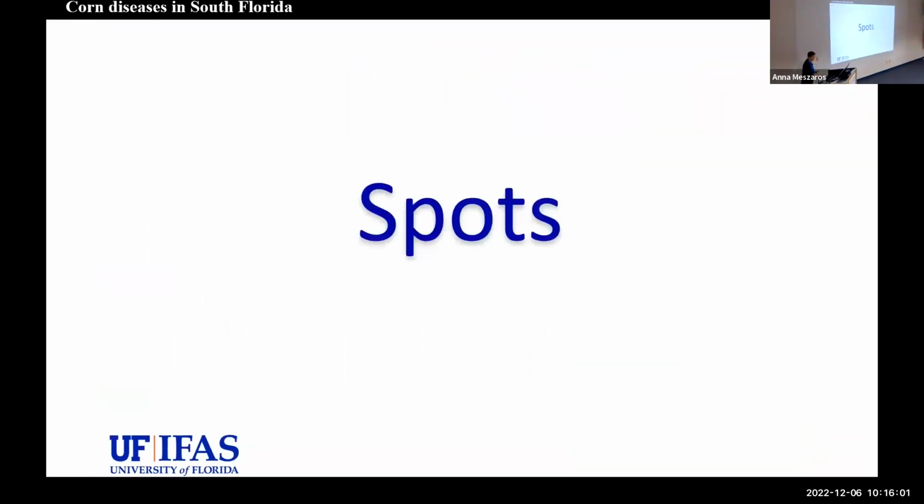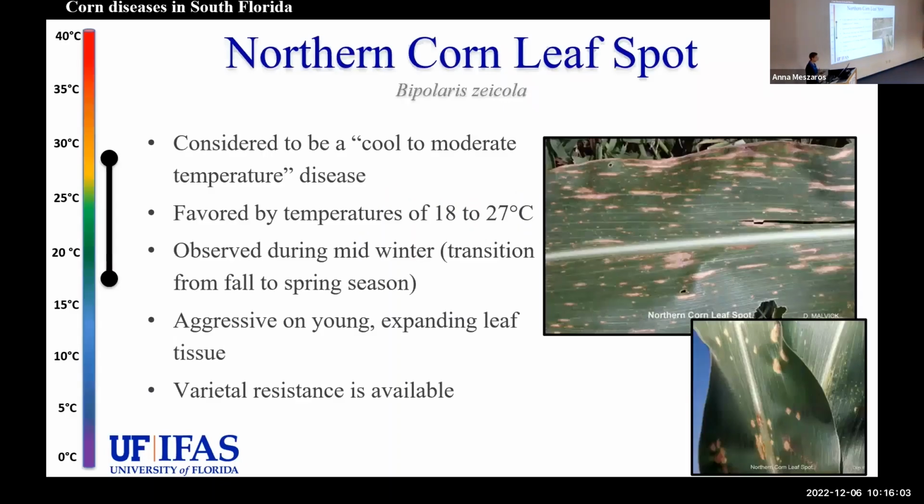Now about the spots, this is the northern corn leaf spot. As I said before, the pathogen that causes this disease is the same genus, a different species, but same genus as the one that causes the southern corn leaf blight. So for the identification, as I said before, it's a little bit complicated because the spores just look the same.